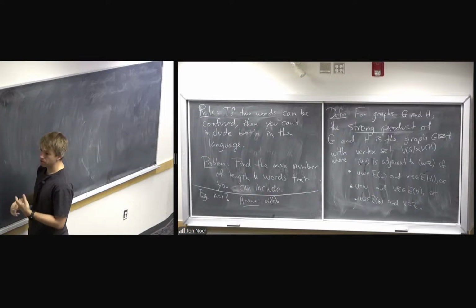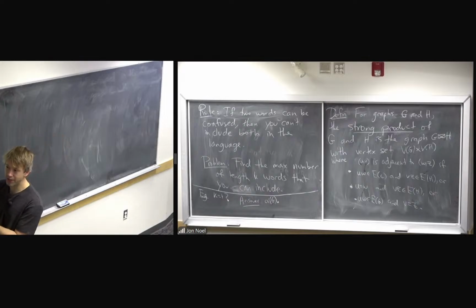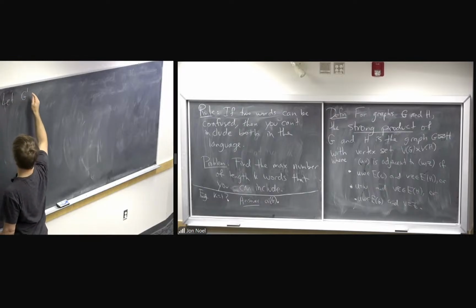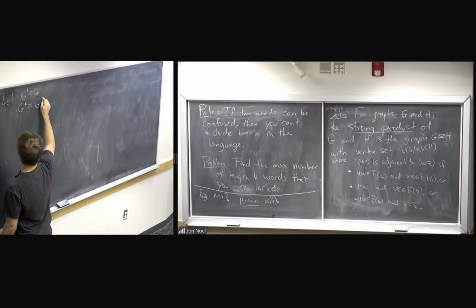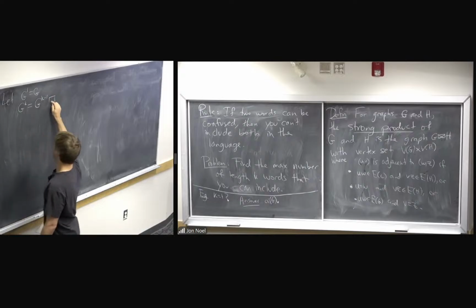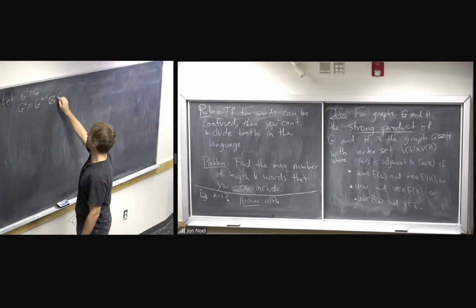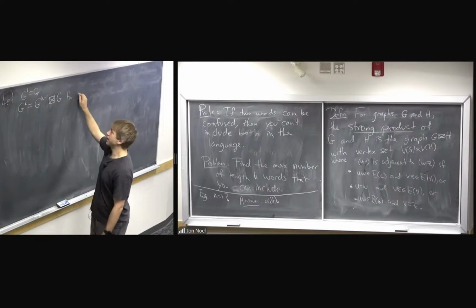So what we want to do is basically take a graph G and multiply it by itself with this type of product over and over and over. So let's say we let G to the 1 be the graph G, and G to the K be G to the K minus 1 strong product G, for each K at least 2.